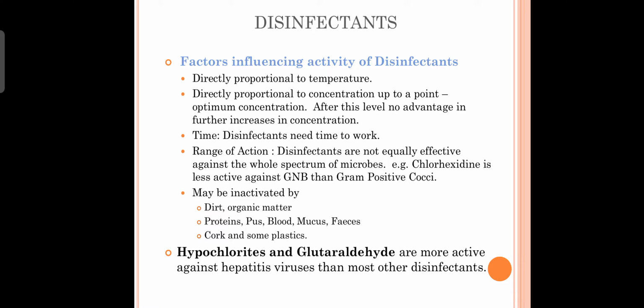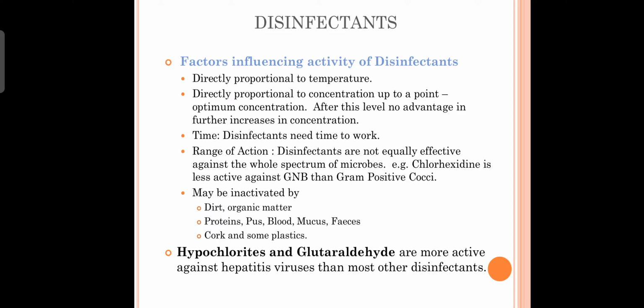Factors influencing activity of disinfectants. First, activity is directly proportional to temperature, and directly proportional to concentration up to a point, like an optimum concentration. After this level, there is no advantage in further increasing the concentration. Other factors are time, range of action, and it may be inactivated by dirt or protein or plastic.